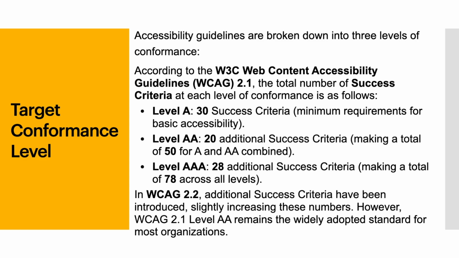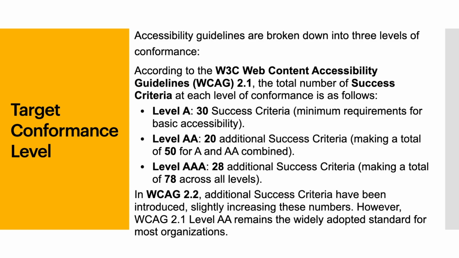Moving on, accessibility guidelines are broken down into three levels of conformance to accommodate different accessibility needs. The very first one is level A, which is the basic level and covers the most essential accessibility features. Level A has 30 success criteria, a minimum requirement for basic accessibility.